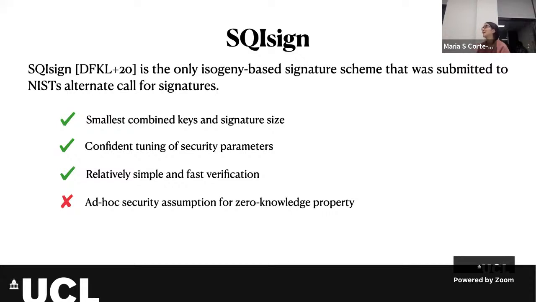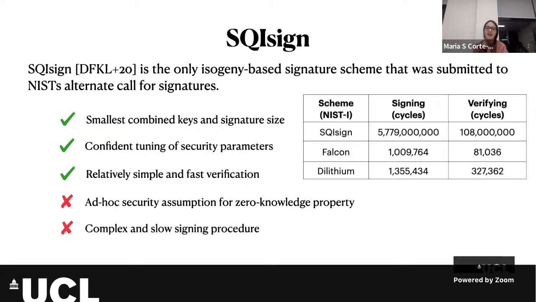So some drawbacks: we have to make kind of an ad hoc assumption for one of the properties of our signature scheme, which is not that ideal, because we don't have as much confidence that it's a secure assumption. And lastly, the signing procedure is very complex and quite slow.